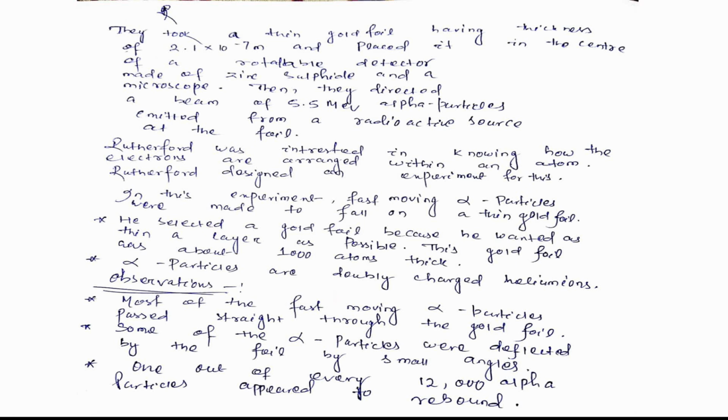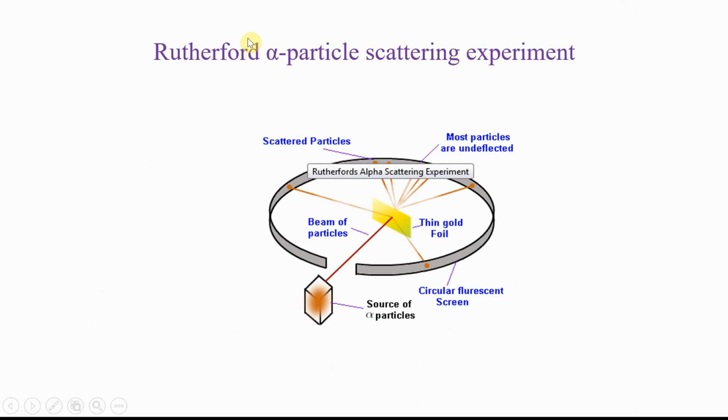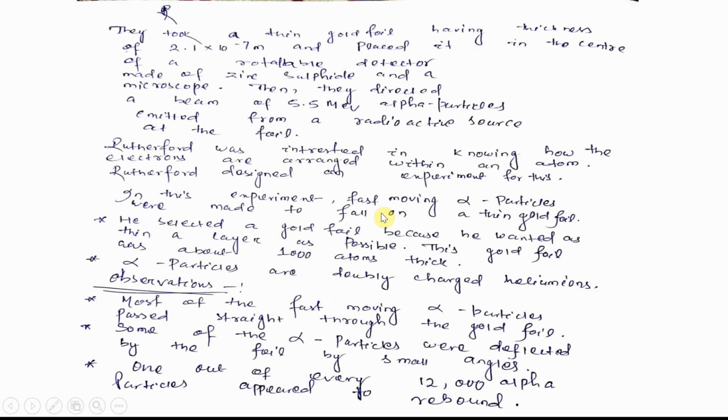They took a thin gold foil, which I have shown you in that figure. This gold foil is very thin, the thickness is approximately 2.1 into 10 to the power minus 7 meter, and it is placed in the center of the rotatable detector.